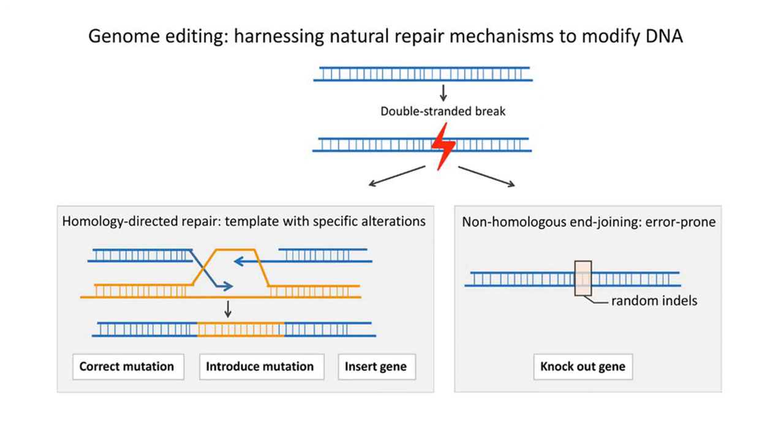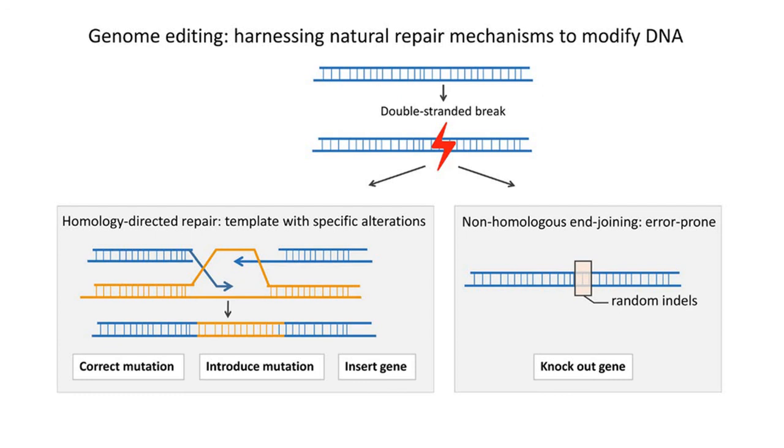We can introduce a mutation to see what that gene does, or we can insert a gene if, for example, the organism is lacking the correct allele, or if we want a gene that is beneficial for that organism. So we can introduce those genes.